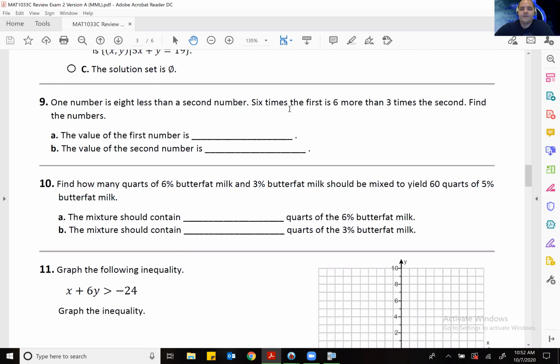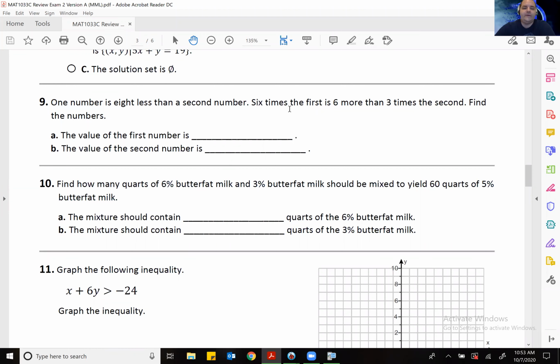X. We can absolutely use X, but I want to be more specific so I don't really have to go back and refer to this. X and Y will work, but I want to use something more descriptive. F, for first.